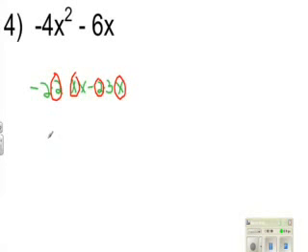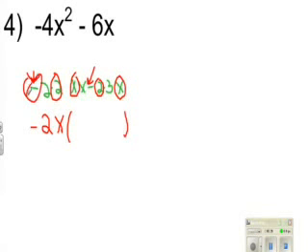So you're going to pull out a 2x. Oh, look, this one's negative and this one's negative. Why not pull out the negative sign too? We're going to pull out the negative sign too. Negative 2x. So that takes care of the negative and the 2 and the x. And then over here, the negative.